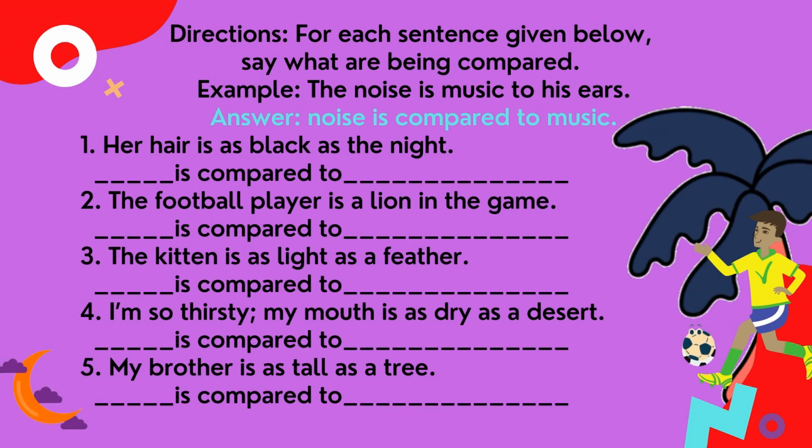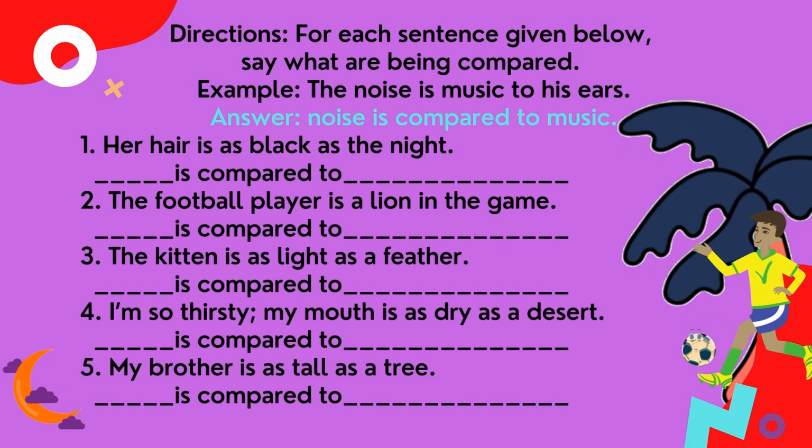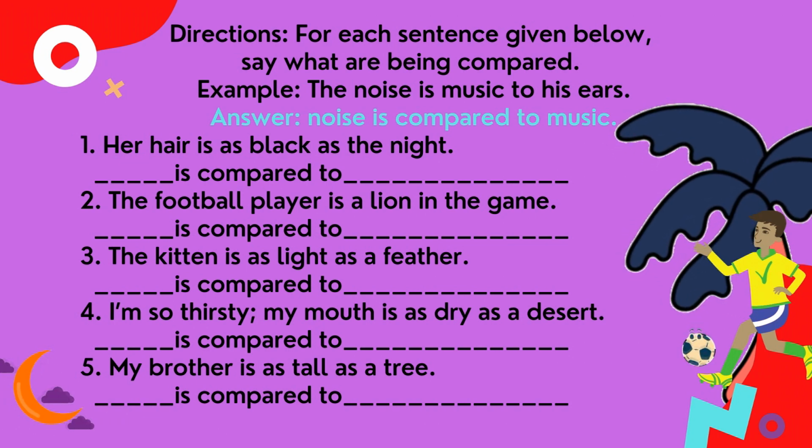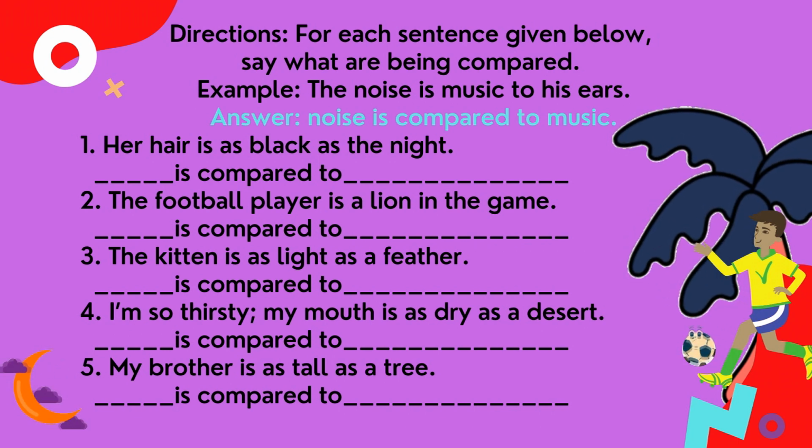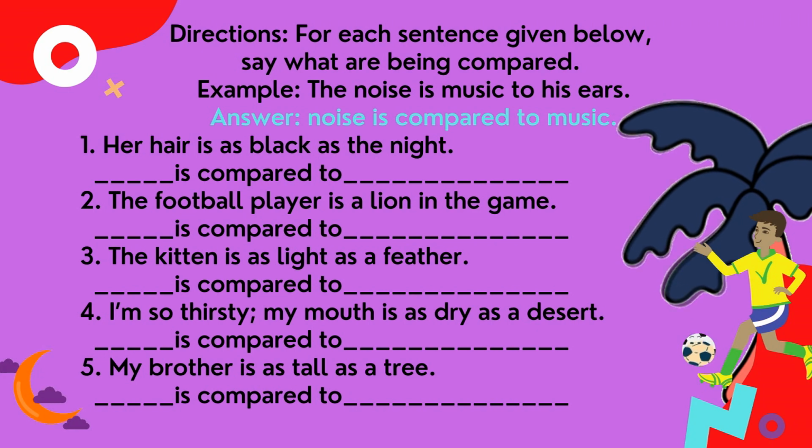Number two, the football player is a lion in the game. Again, you're correct. The football player is compared to a lion. Number three, the kitten is as light as a feather. Yes, very good. Kitten is compared to a feather.